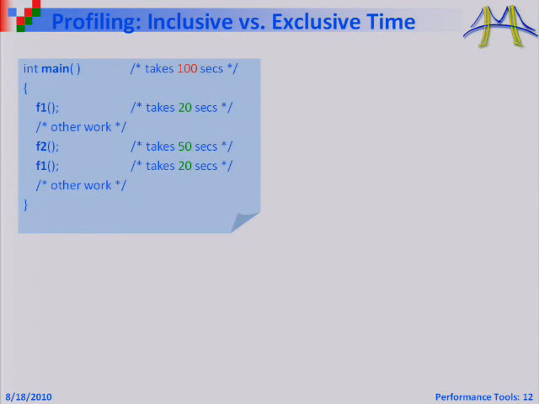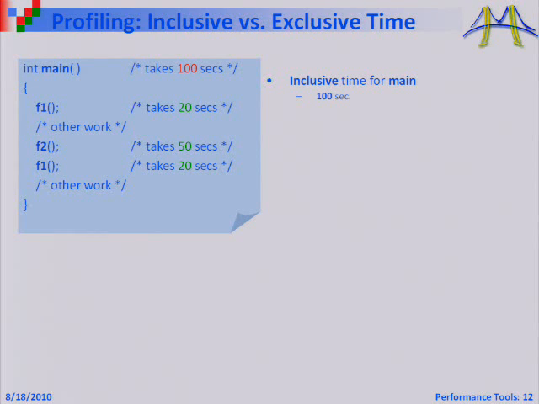With respect to the time that you get out of profiling, it's important to distinguish two different terms: inclusive and exclusive times. Let's look at this example here. We have this function main, which takes a total of 100 seconds. Main calls the function f1 twice and the function f2. Let's assume that f1 takes 20 seconds up here and down here as well, and f2 takes 50 seconds.